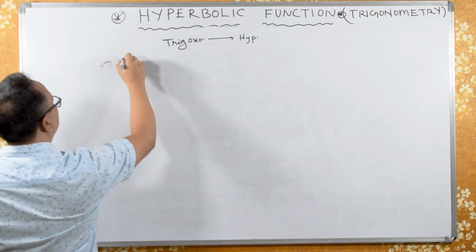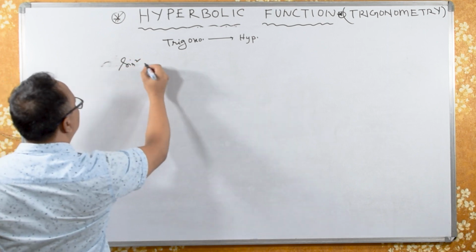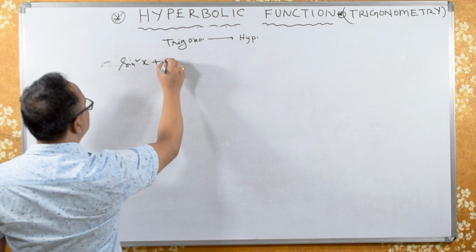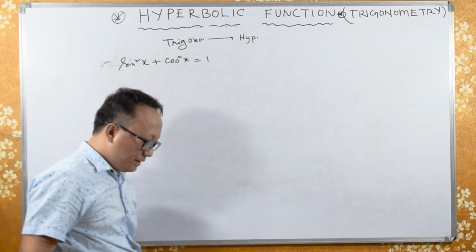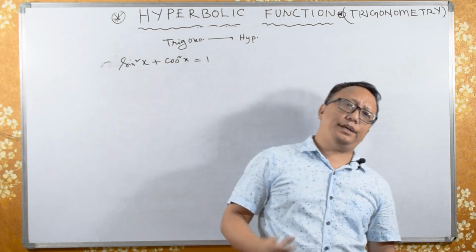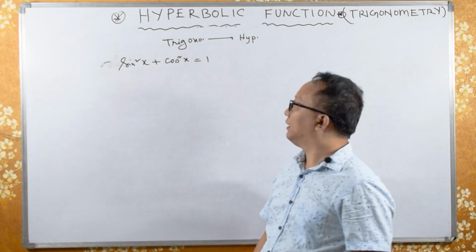We have sine square x plus cos square x equals 1. This is a standard formula for each and every angle, for all x belonging to any angle.